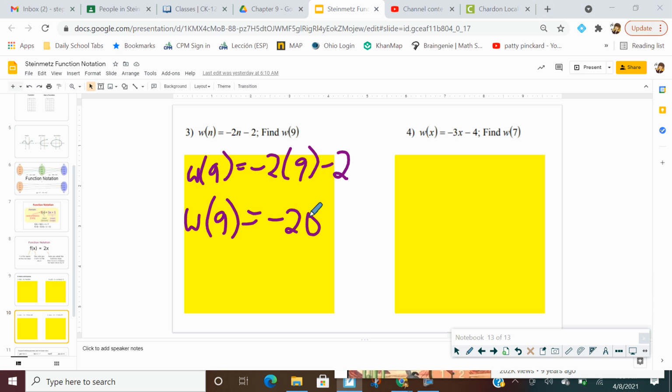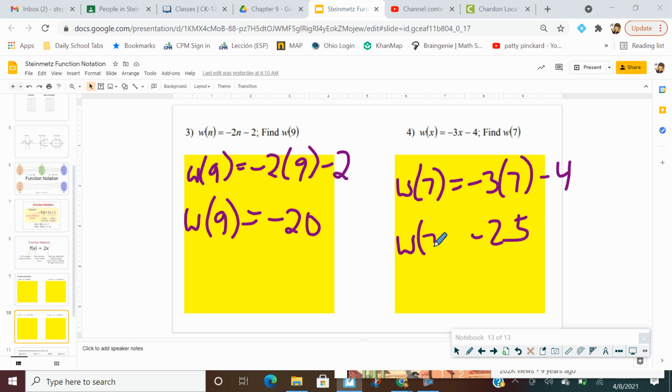w of x equals negative 3x minus 4. So find w of 7. So w of 7 equals negative 3 times 7 minus 4. So negative 21 minus 4 is negative 25. So w of 7 equals negative 25.